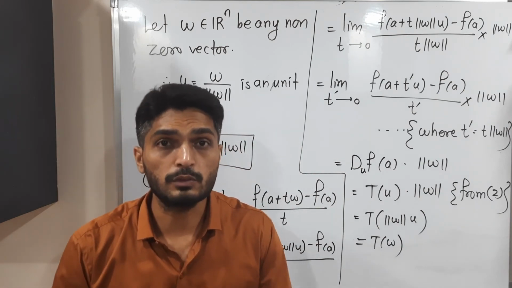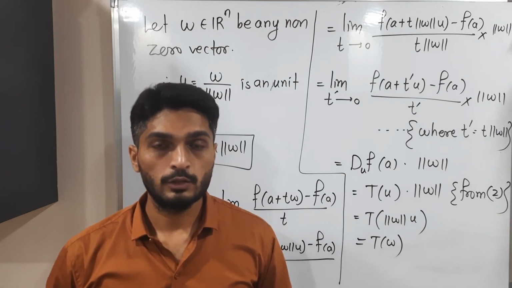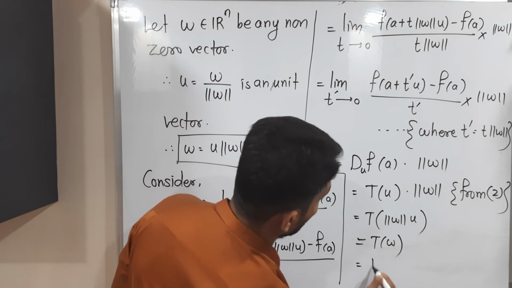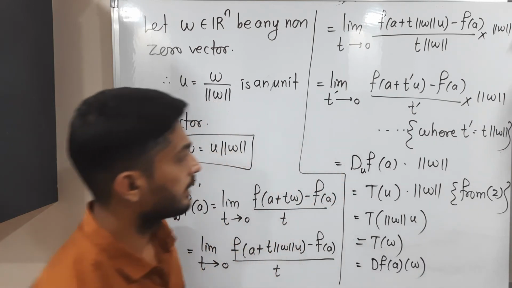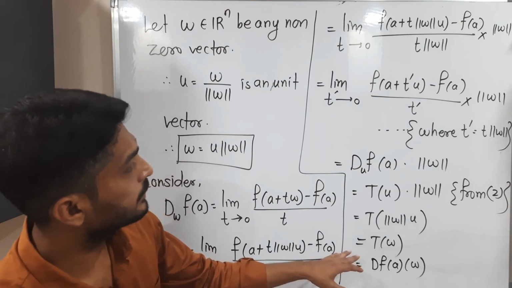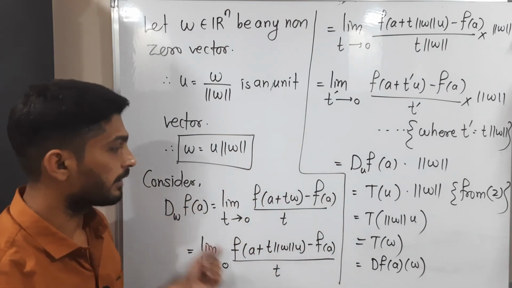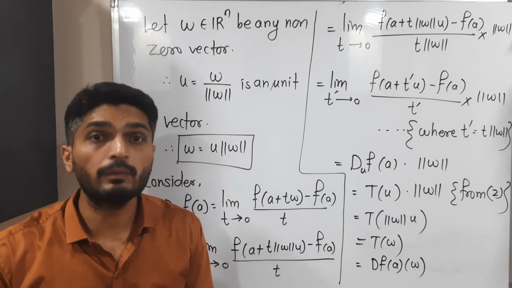Linear transformation, which is nothing but the total derivative. So the total derivative we can write in this way also: df of a of w. So actually we started with D_w f of a, and finally we got df of a of w. That means this is actually the required thing.